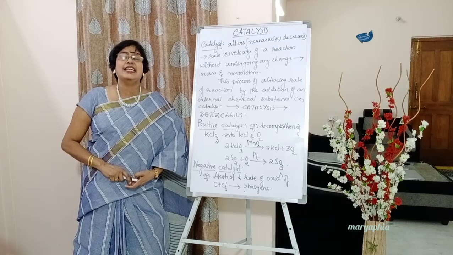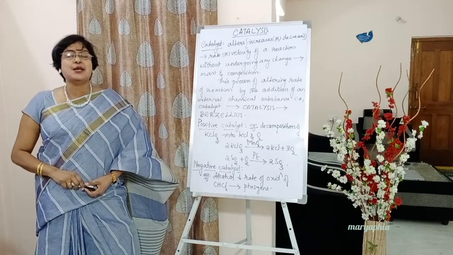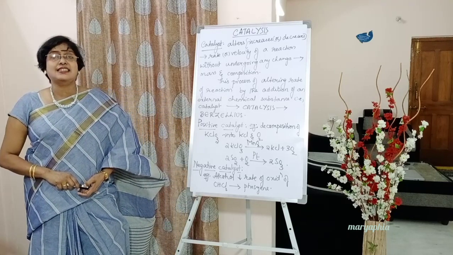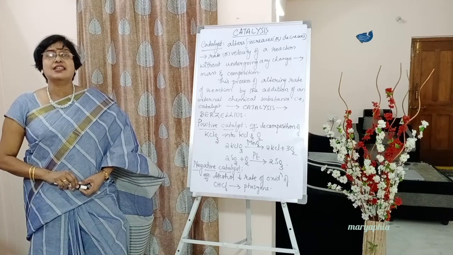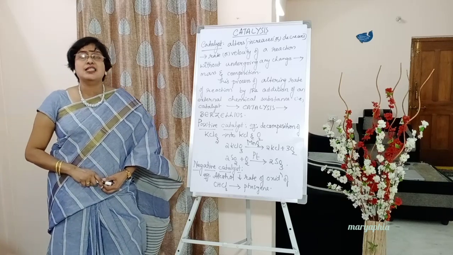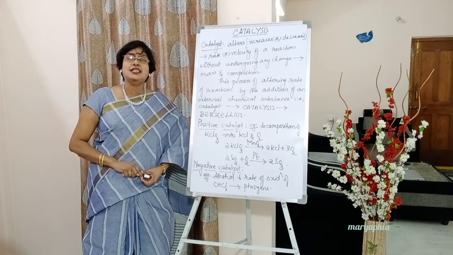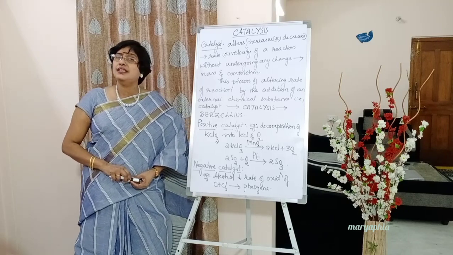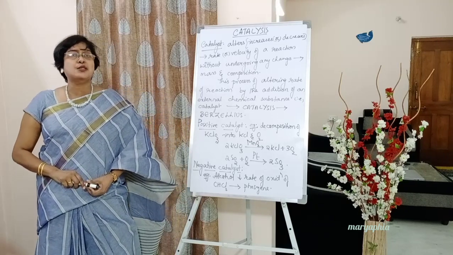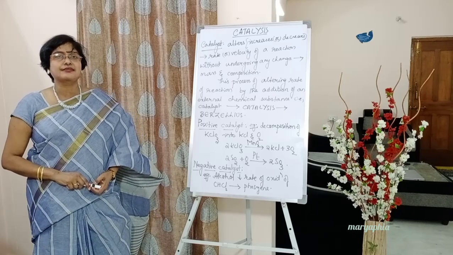Once again, catalyst is defined as a substance which alters, that is changes, in the brackets, increases or decreases the speed or rate or velocity of a chemical reaction without undergoing any change in its mass and composition.